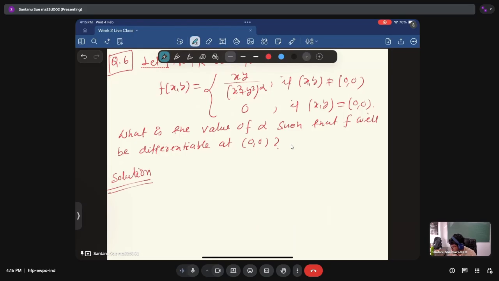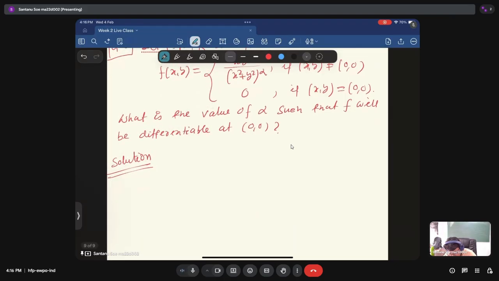Okay. So now first we can try to check what is the value of alpha such that the function is continuous at (0, 0). First let us check the continuity, because if the function is not continuous, then it cannot be differentiable.